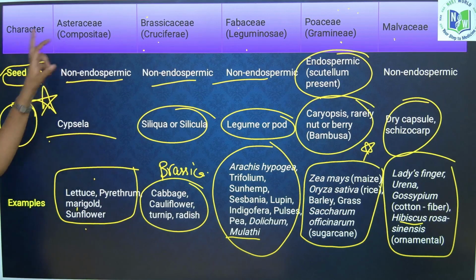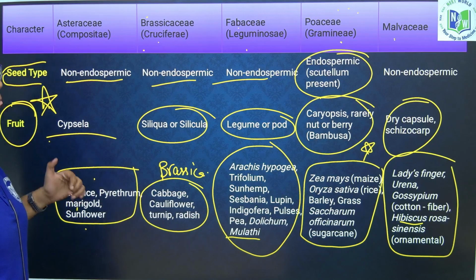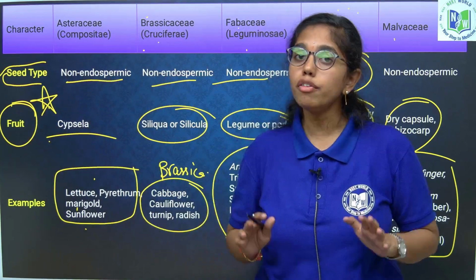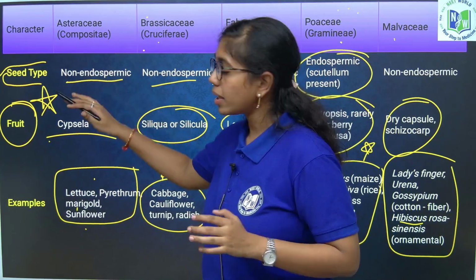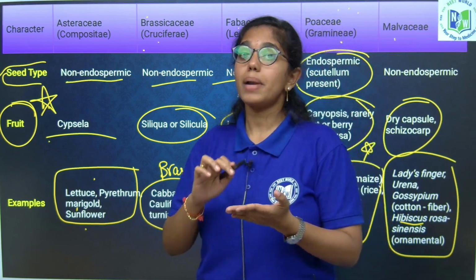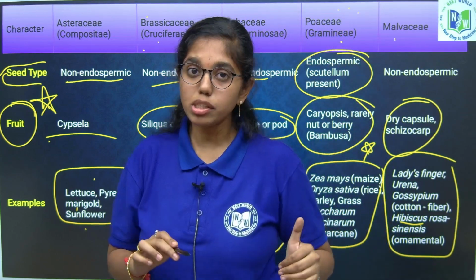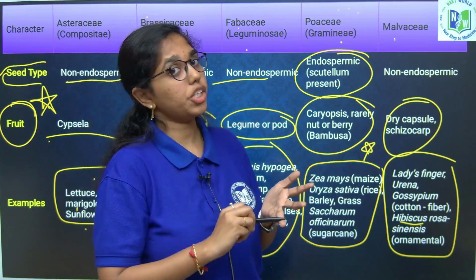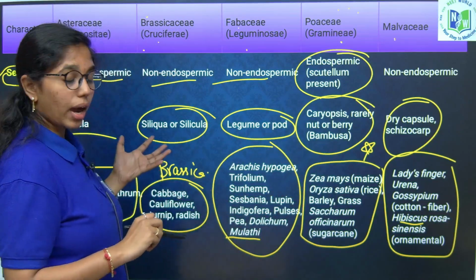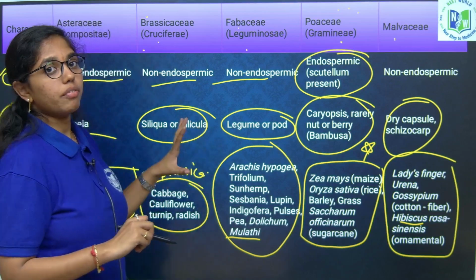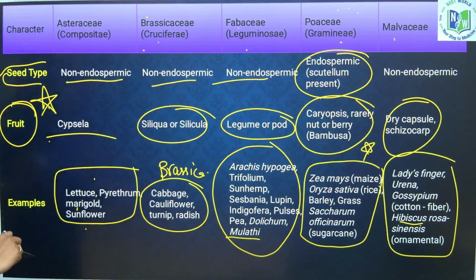With this we are ending the discussion of families. If you remember the floral diagram, floral formula, aestivation, placentation, examples, and most importantly cohesion and adhesion features of all these families, that is enough for this concept for your examination.